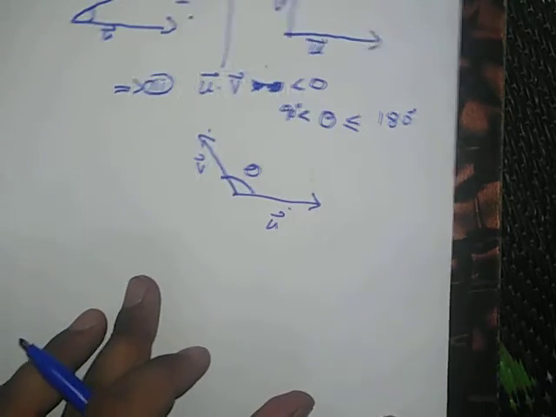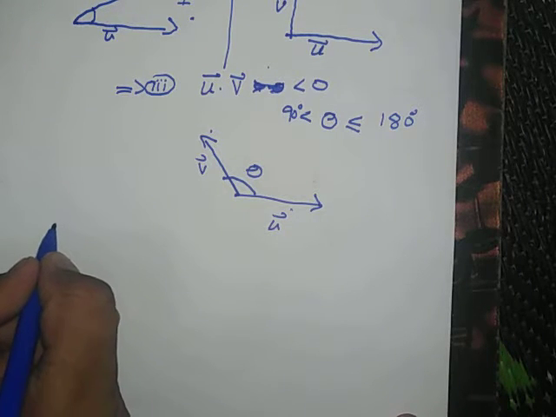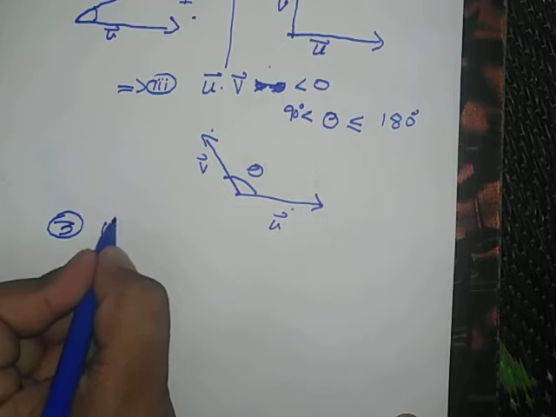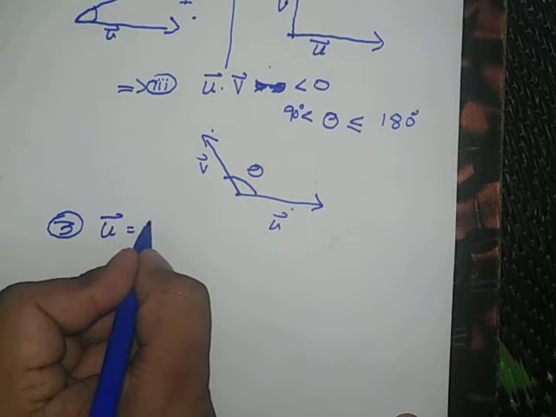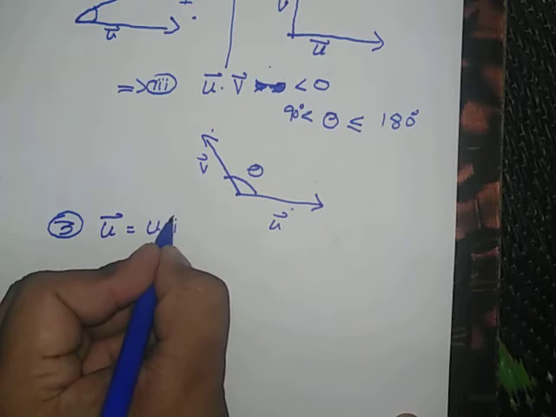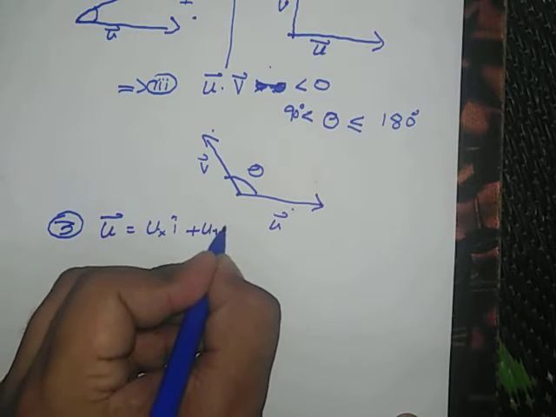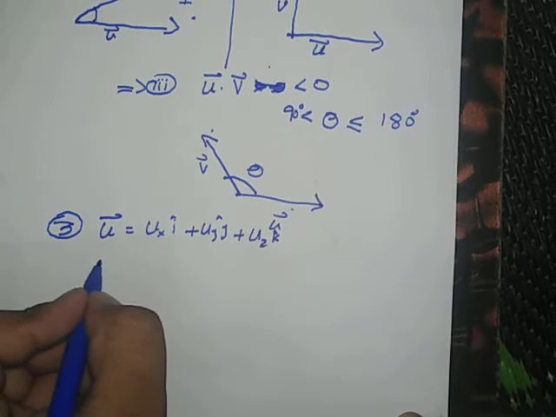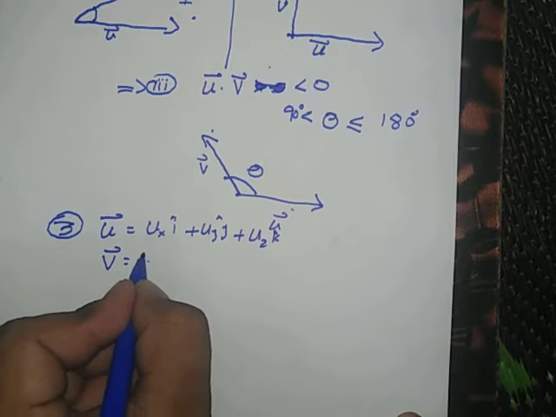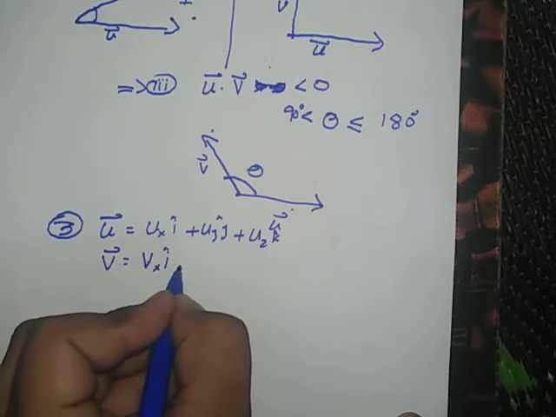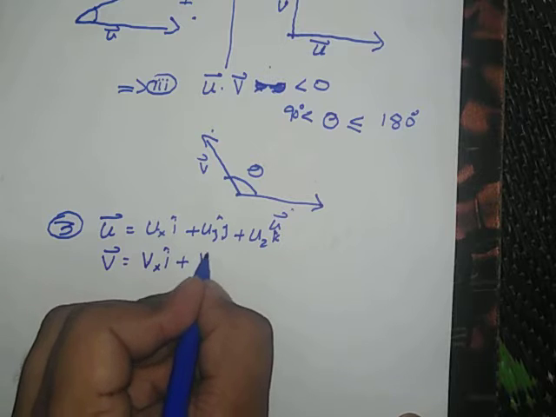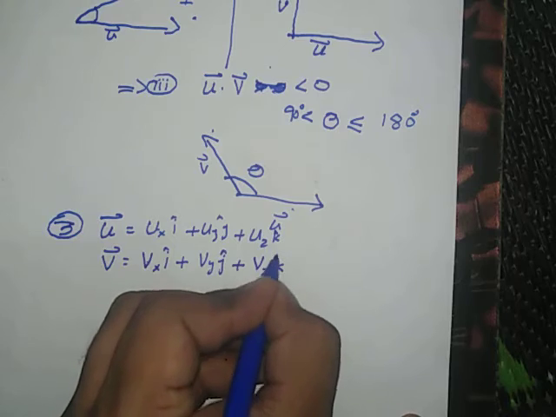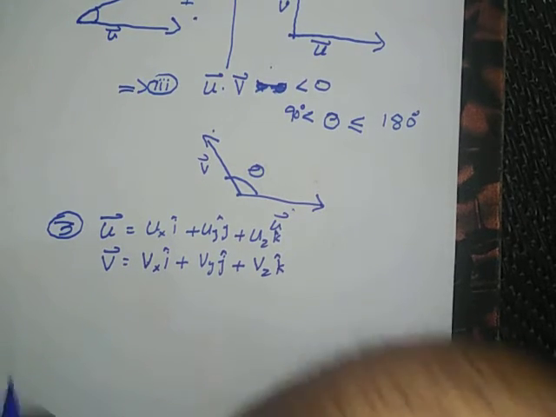So what about the third characteristic? This is the third characteristic. If u has its own components in unit vectors, ux i unit vector plus uy j unit vector plus uz k unit vector, and v is equal to vx i unit vector plus vy j unit vector plus vz k unit vector, what is the dot product?